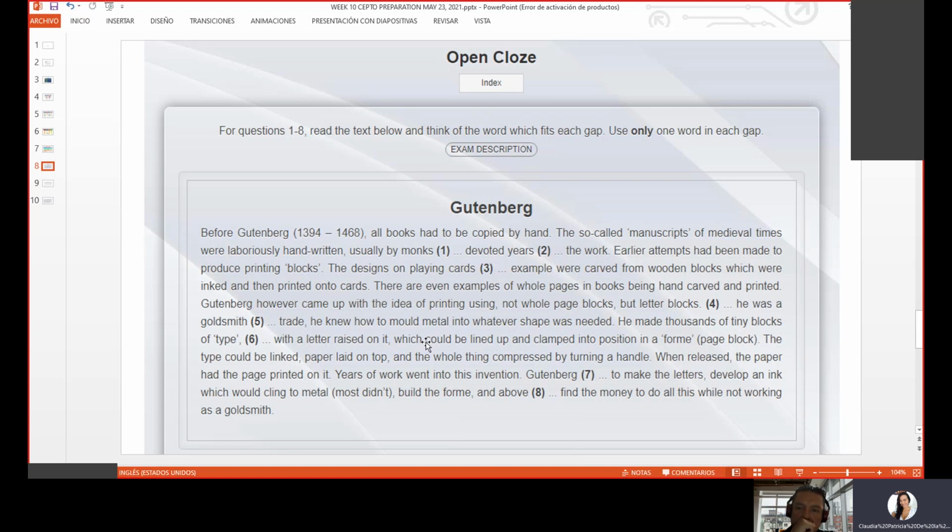Usually... I don't know what the answer is, teacher. Can you help me, please? It's a relative pronoun. Oh, a relative pronoun. There is not a relative pronoun. There is a possessive. Oh, yes.